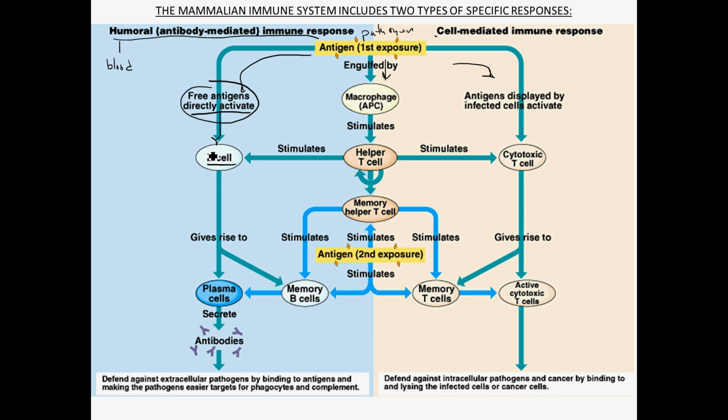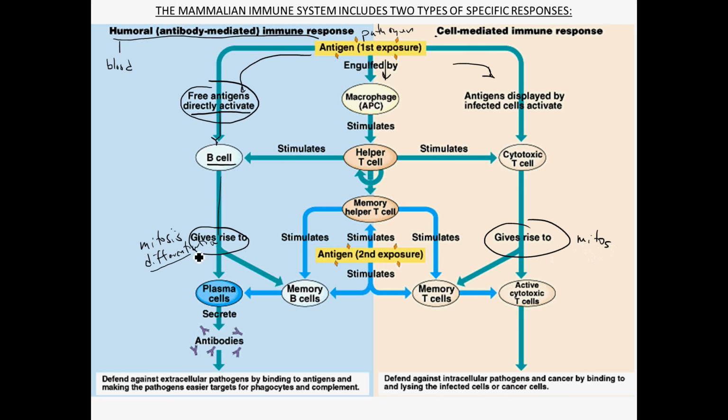So these B cells here are directly activated, and when B cells are directly activated, they give rise to, and this again is going to be mitosis as well as differentiation. I had just written mitosis, but also this differentiation.